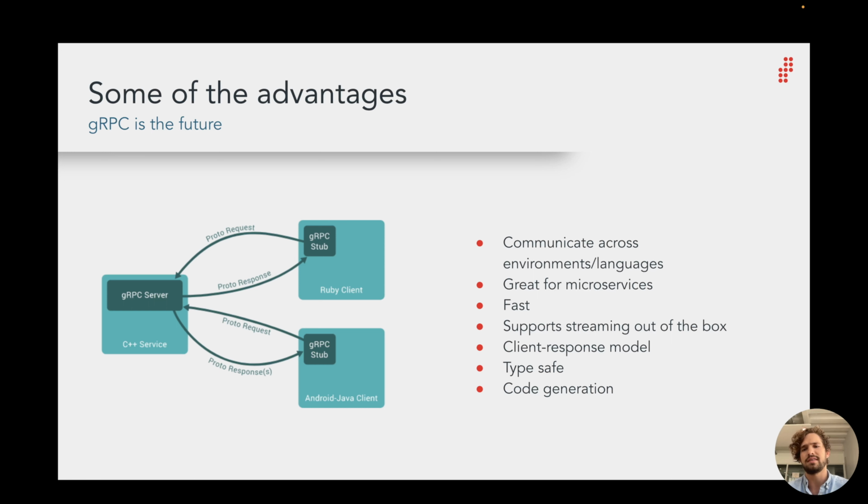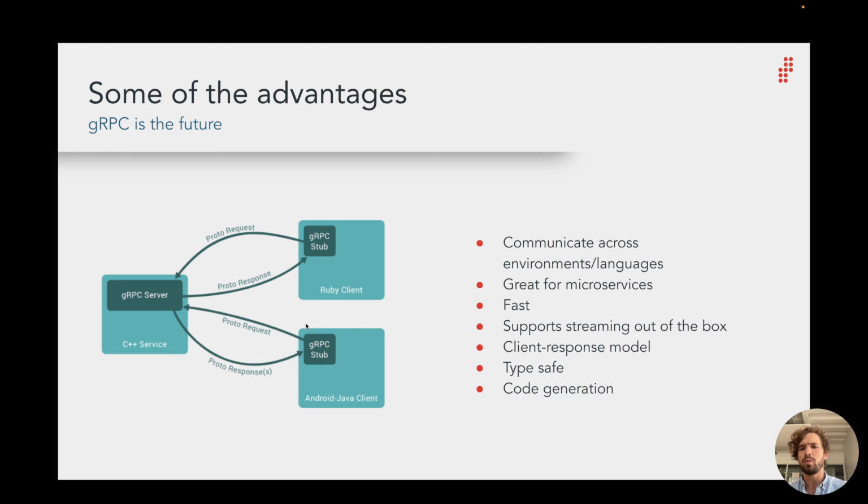And so just looking at this diagram over here, we can see that there's some gRPC server that's being implemented in C++, and then we've got these two gRPC stubs. And what's important to note is that this server interface and these stubs are given to us by some of the code generation processes that are used in gRPC.